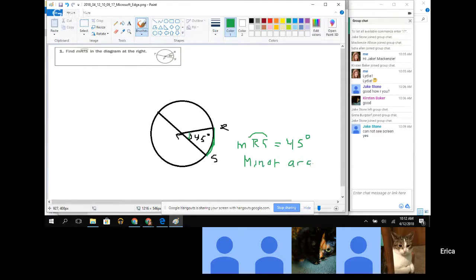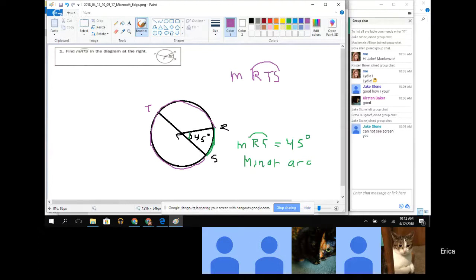So what we want to know is, if arc RS is 45 degrees, what is the measure of arc RTS? TS is the arc that goes all the way around here. What is the measure of arc RTS? And remember, you get to make that little rainbow, right?